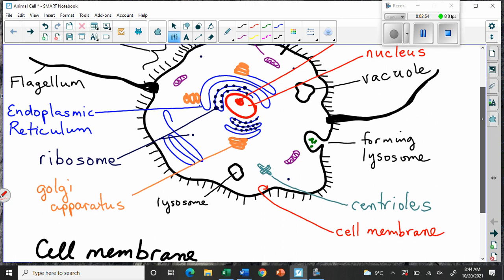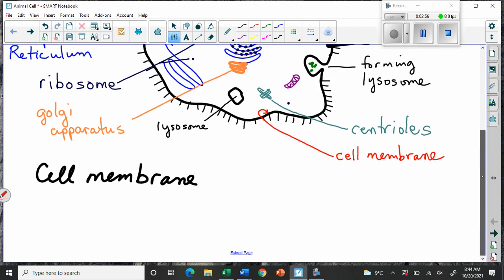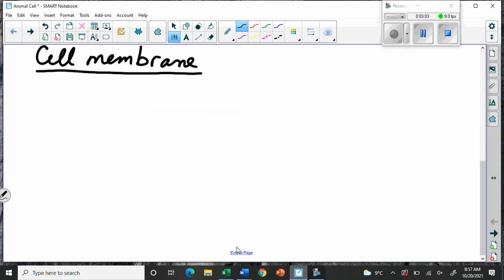Okay, now we're ready to talk about some of the things and what they do. So the cell membrane, we'll start with that. Talk about what it does. All right, so our cell membrane has the following roles. First of all, it forms the boundary that contains the cell.